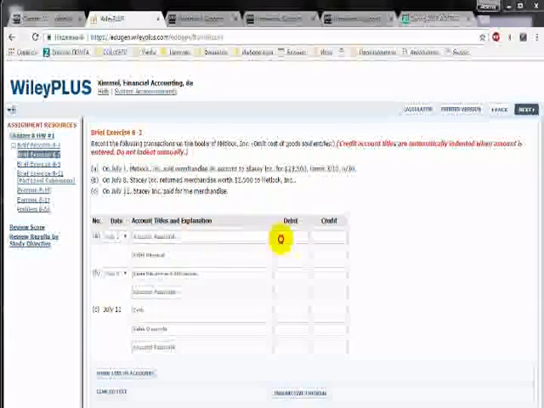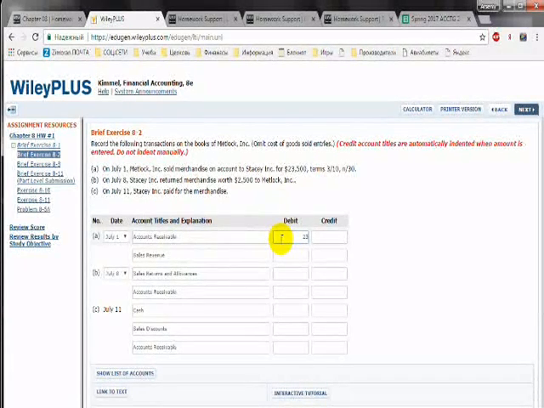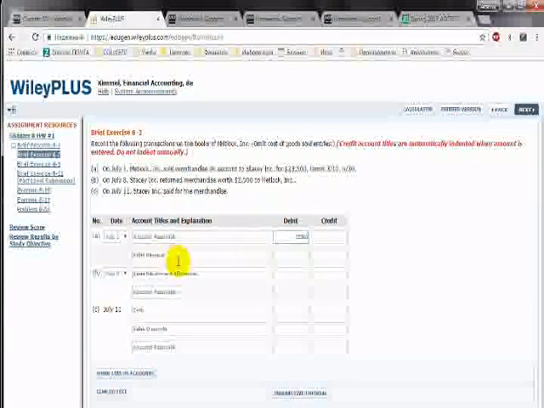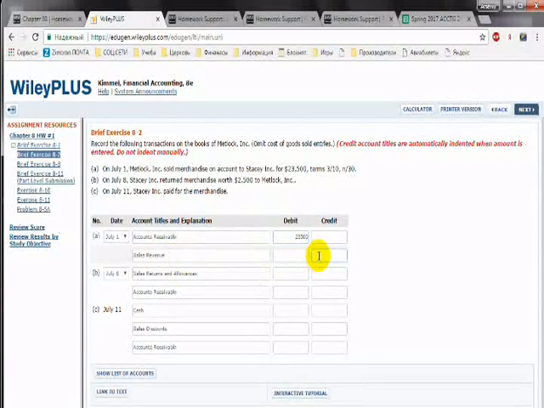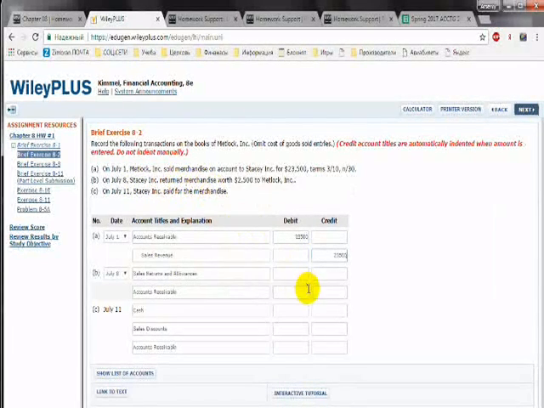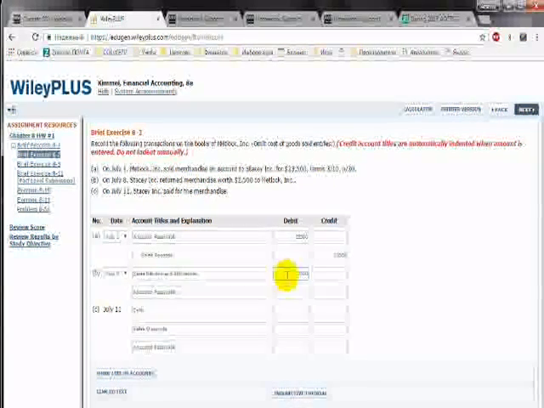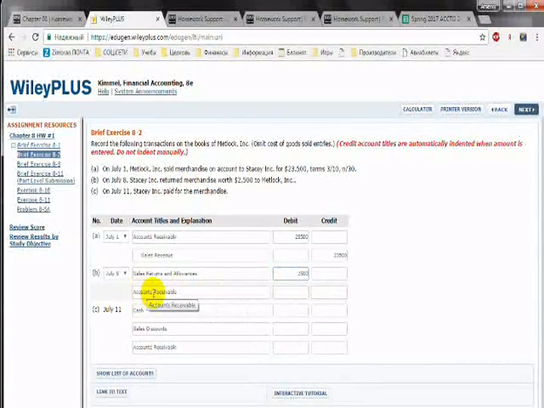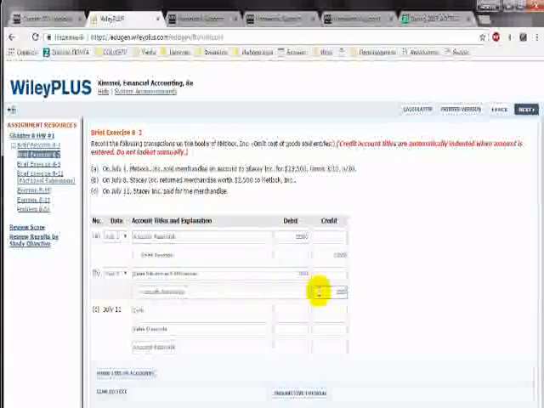Obviously, accounts receivable is created for that company, and there was a sales revenue also credited. After that was a returning of merchandise for $2,500, and accounts receivable is going to be less after that by $2,500.